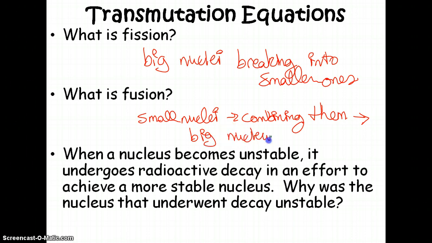Okay? When a nucleus becomes unstable, it undergoes radioactive decay or fission in an effort to achieve a more stable nucleus. So why was that nucleus that underwent decay in the first place unstable? Well, this has got all to do with the protons and neutrons. So it's got the wrong proton to neutron ratio.